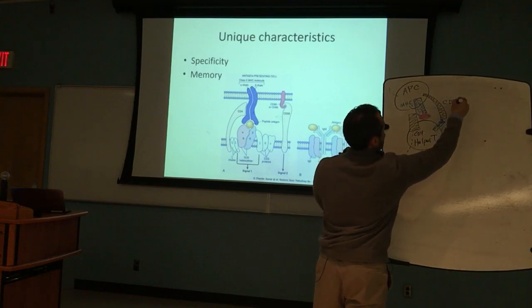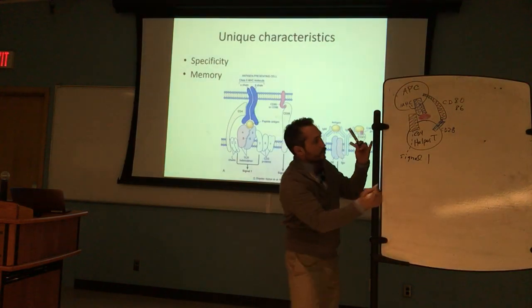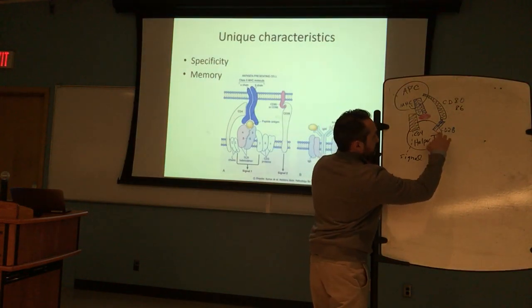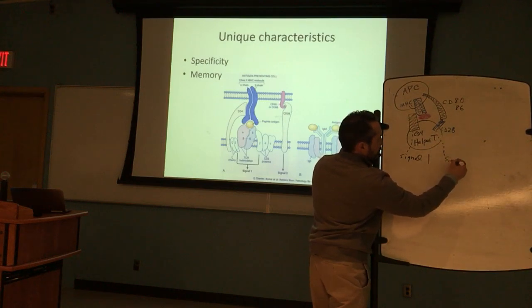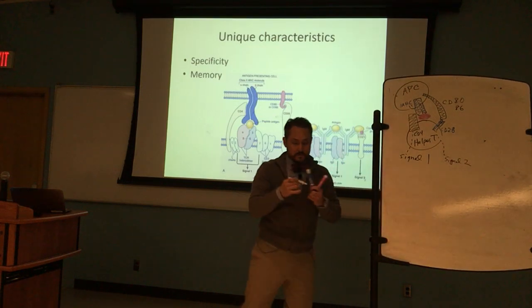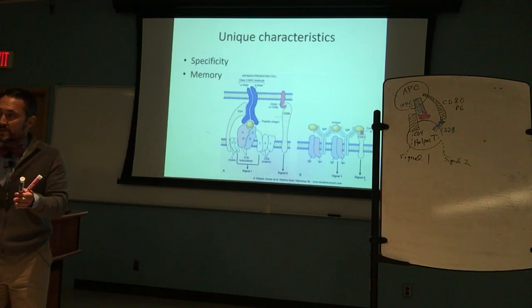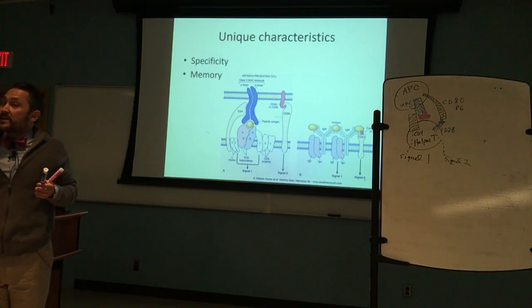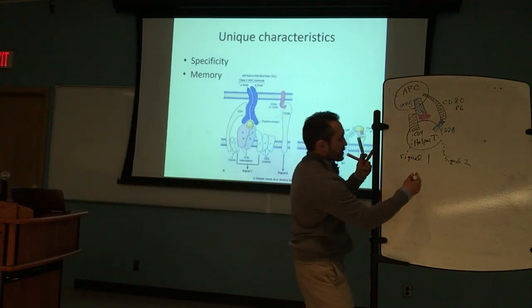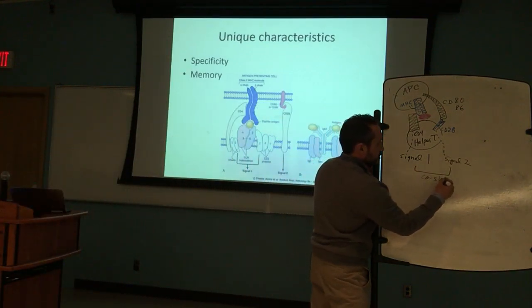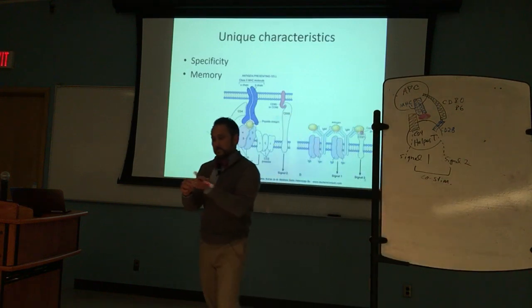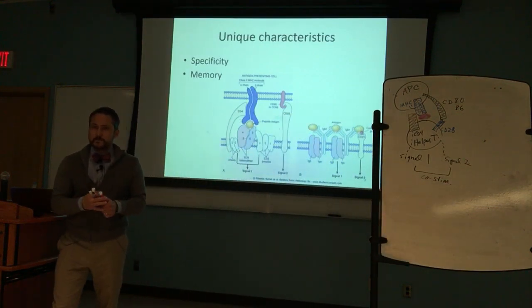It could be CD80, or it could be 86. When these 2 interact, that's signal 2. It takes signal 1 and signal 2 happening at the same time to trigger activation of that helper T cell. When you put these 2 together, this is co-stimulation. Okay, does that make sense?